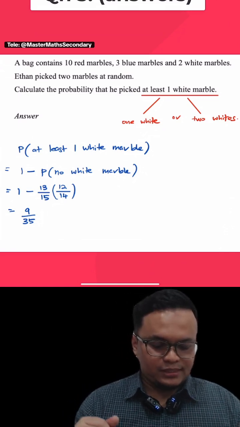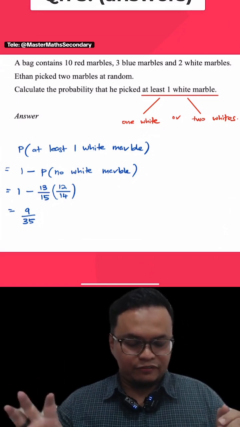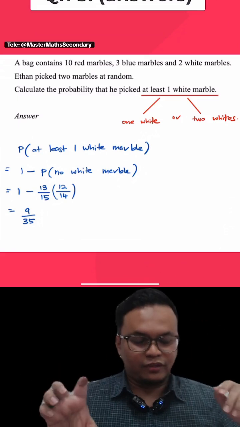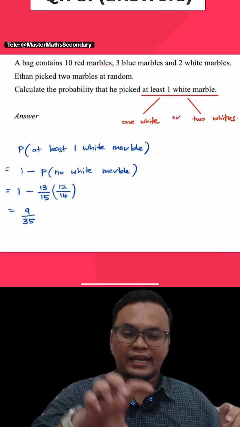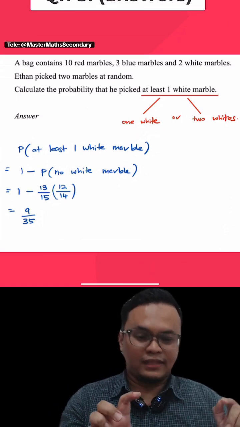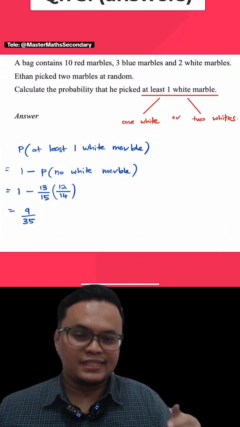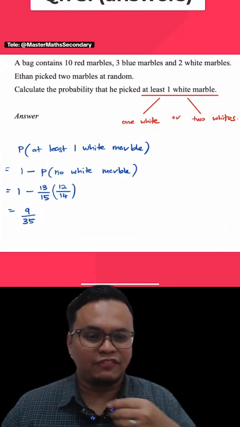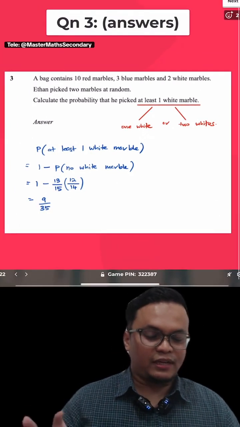That means it's either red or blue. 13 out of 15 gives me the probability of choosing not a white marble for my first pick. In the second pick, remember, this is no replacement, so the numbers get affected. 13 becomes 12, 15 becomes 14. And that's how we get our answer of 9 over 35. So this is our third question.